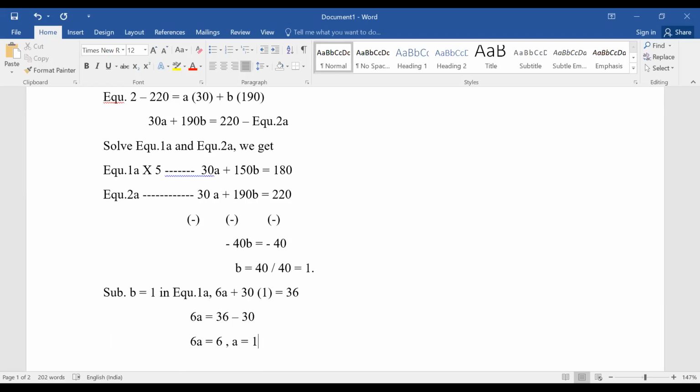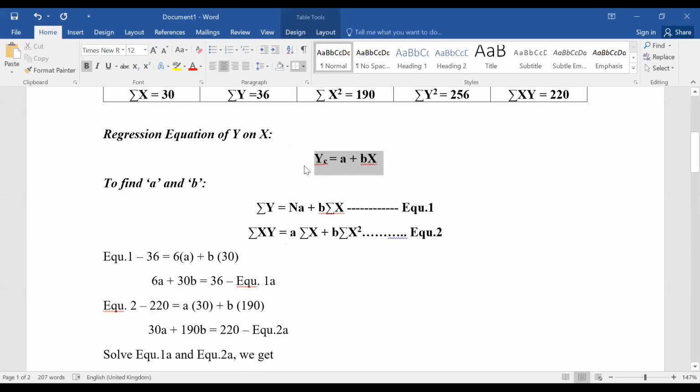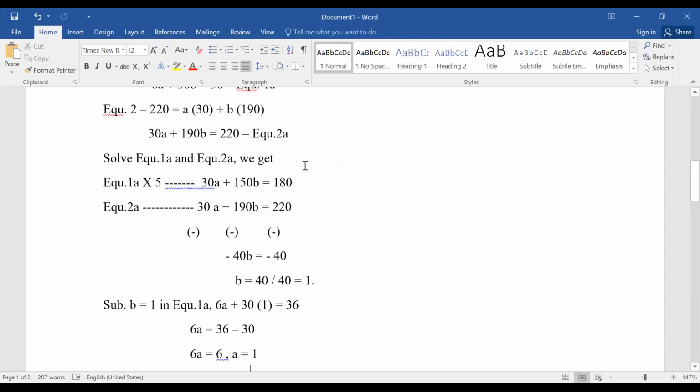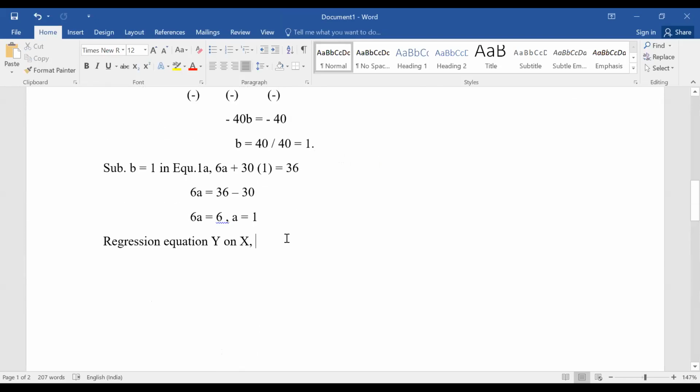So what will the equation be now? Now find the regression equation y on x. Go back to this formula. This is the regression equation y on x, so we are copying it here.